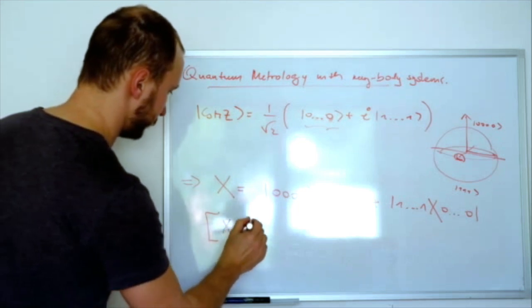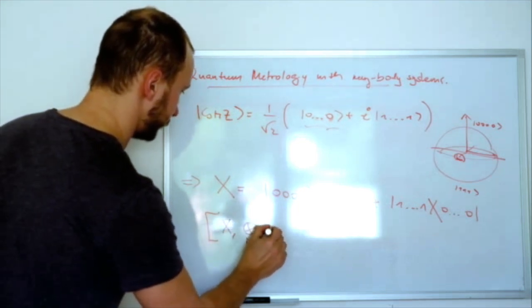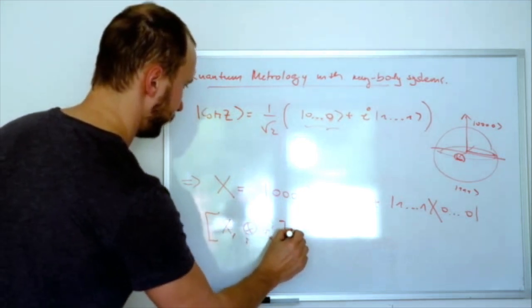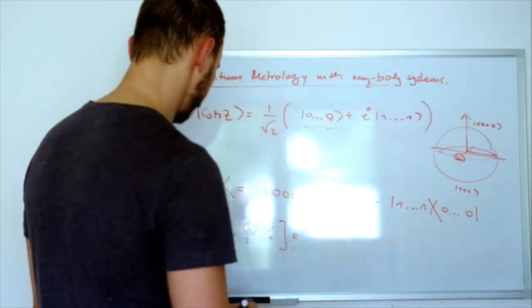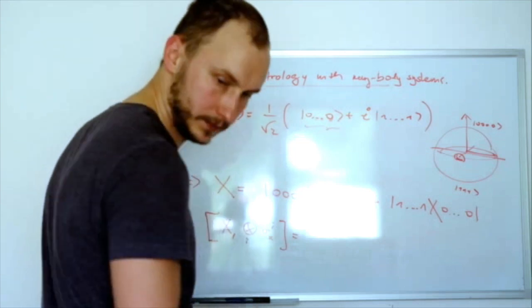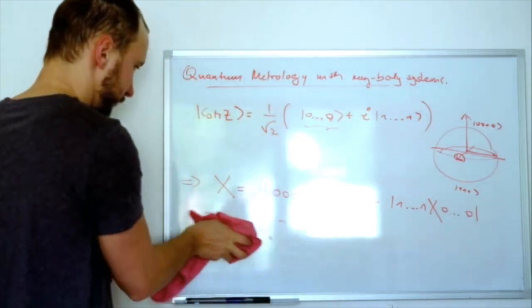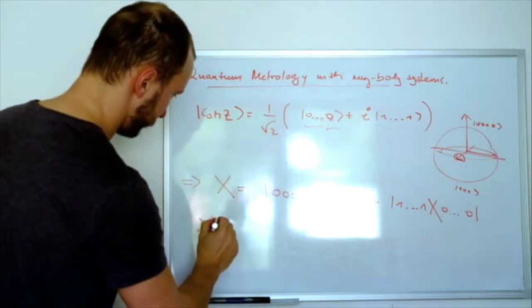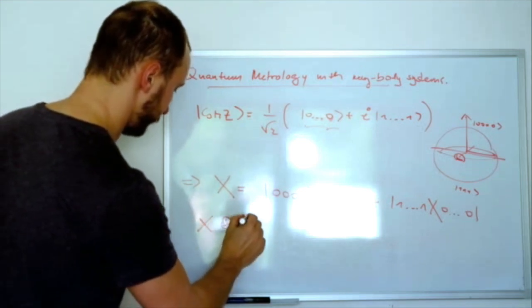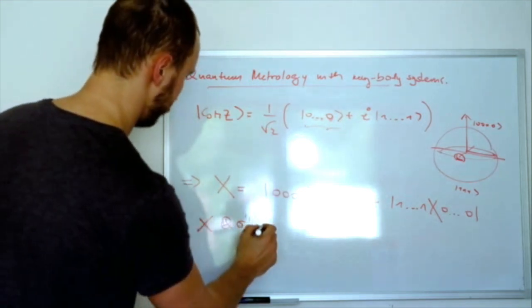Commutator is too long to write, so let's just compute the product first: X times the tensor product of sigma x i operators, i equal 1 to n.